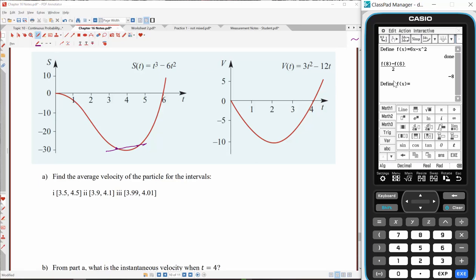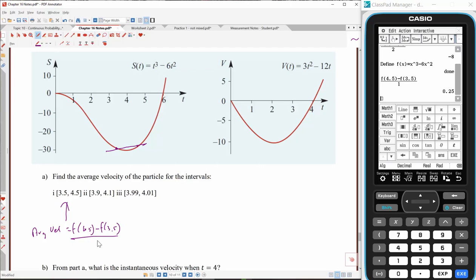Define f of x equals x cubed take away 6x squared divided by... So average velocity is f of 4.5 take away f of 3.5 over 1, which is 0.25.